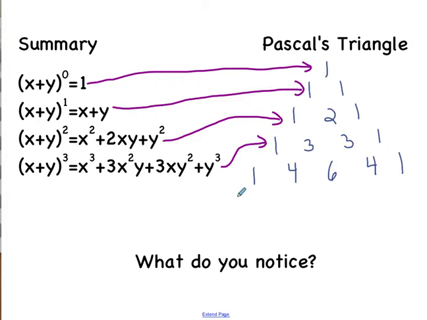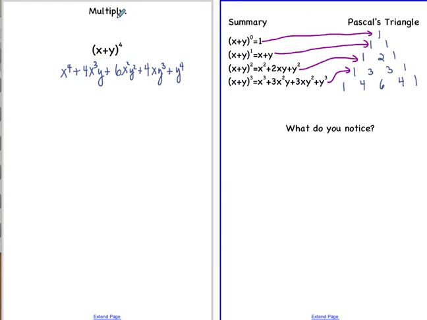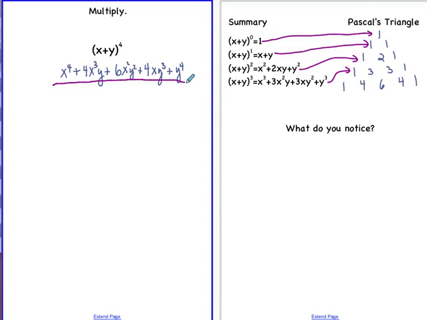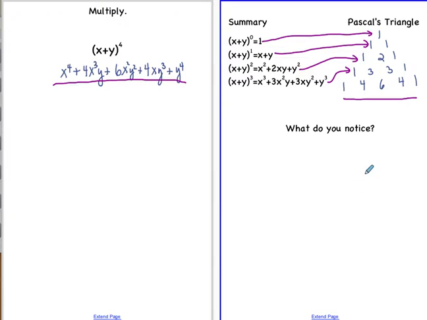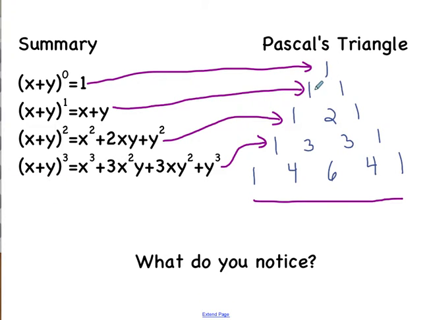X plus y to the third corresponds with this row. And if you recall, this one corresponds with this row. Now, you'll notice that these are the coefficients when I multiply all of this out. You have to notice the pattern.